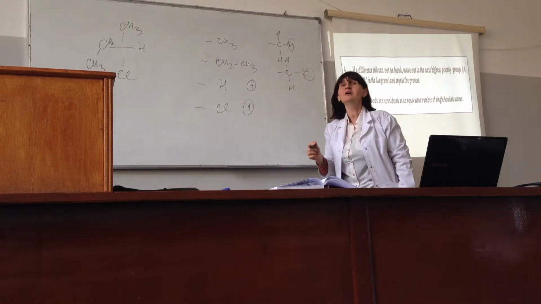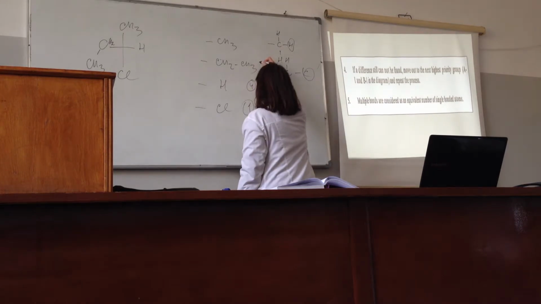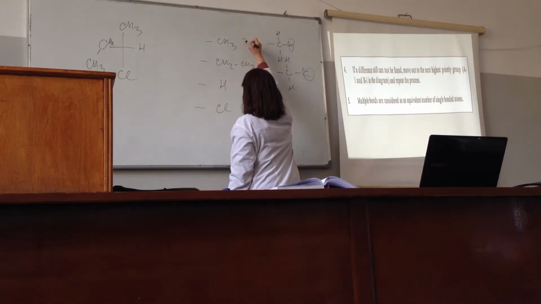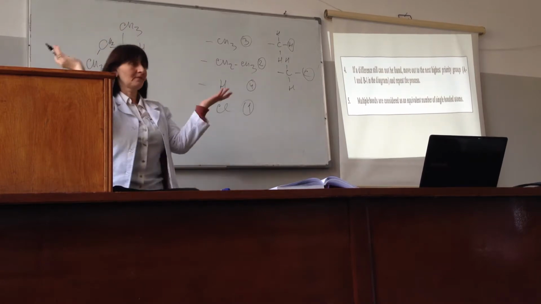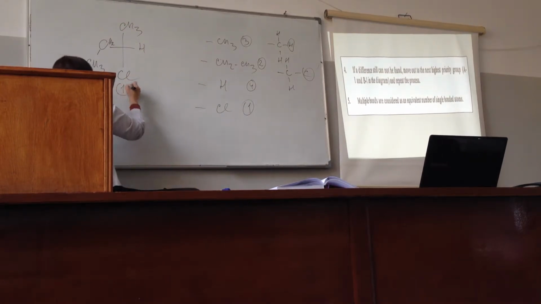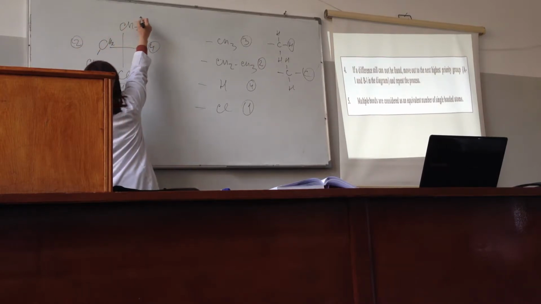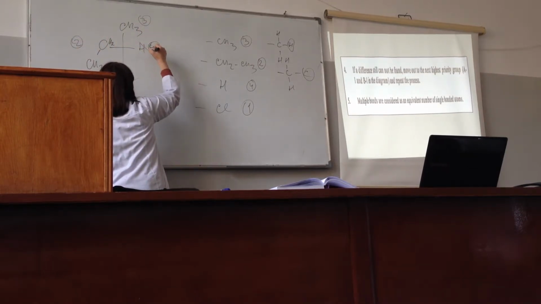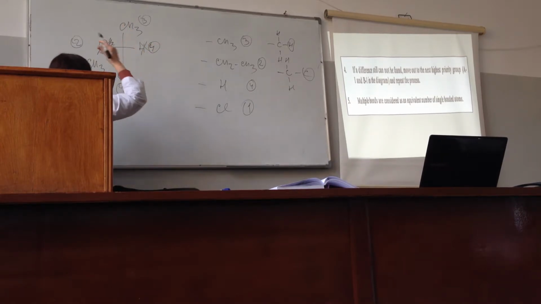Which one is number 2? Number 2 is CH2CH3. Yes, this one is number 2 and this one is number 3. Now let's write here these priorities: 1, 4, 2, and 3.